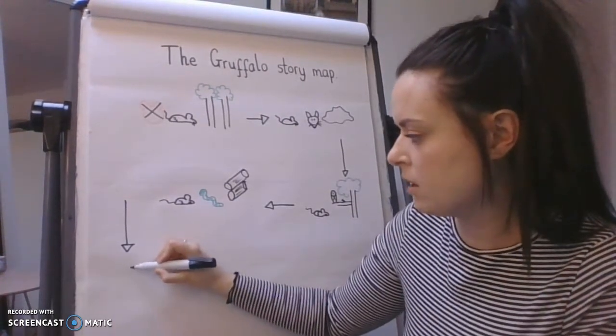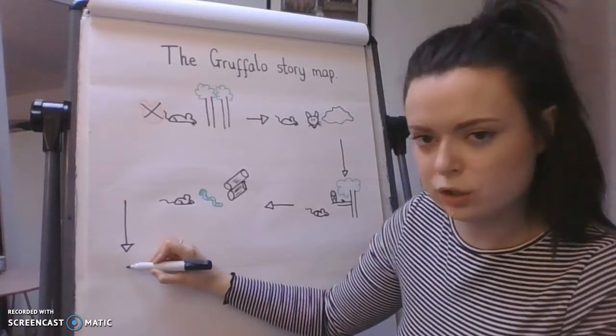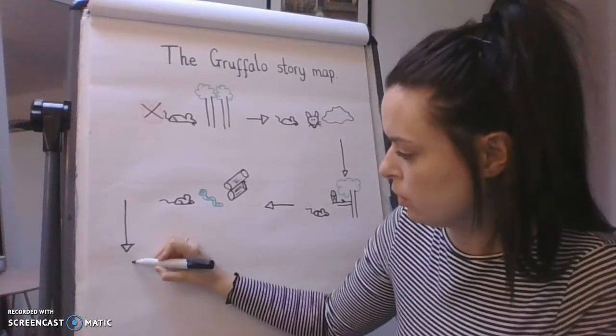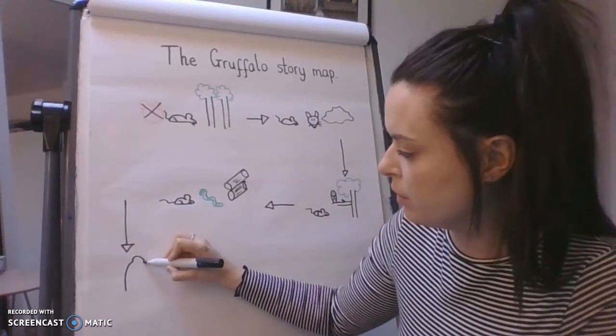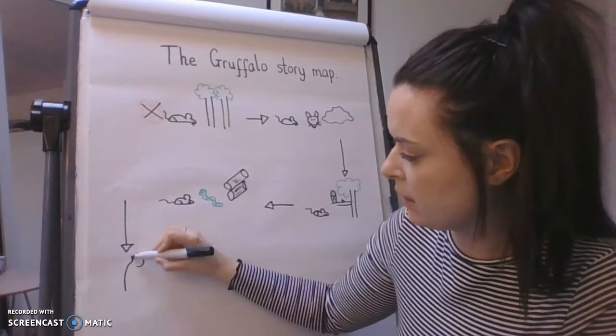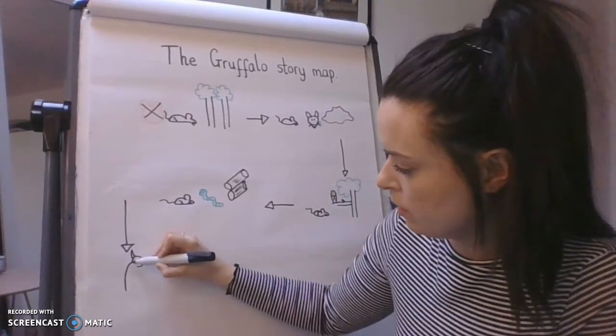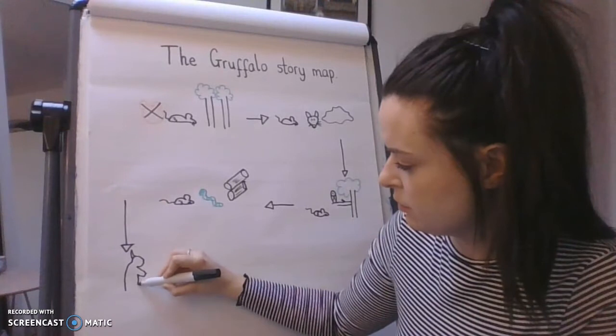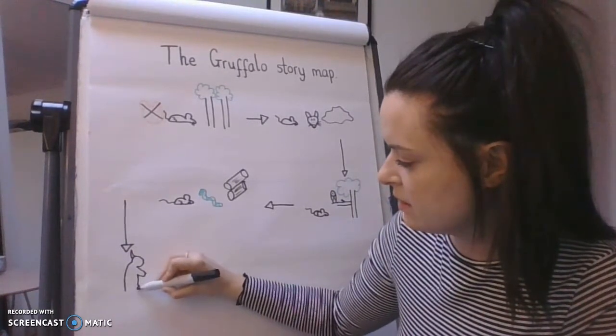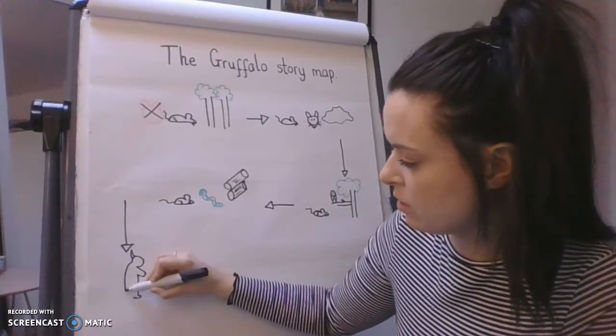So let me think. I'll do it from the side because I want to show the purple prickles on his back. Okay, that's his arms. He's got his knobbly knees and his turned out claws.